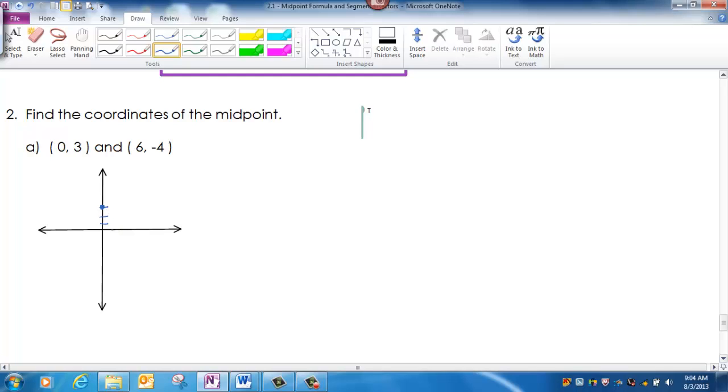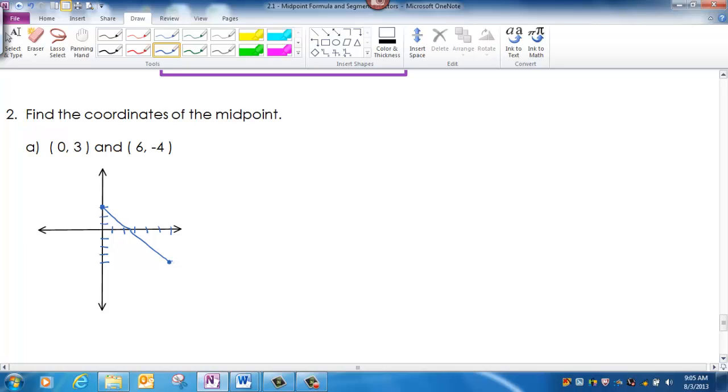And then 6, negative 4, so we're going to go to the right 6, and then down 4. Okay, so those are the 2 points that were given to us, and they're asking us to find the coordinates of the midpoint. What's the point right in the middle of these 2 points? So connect those 2 points and we'll see how we do.